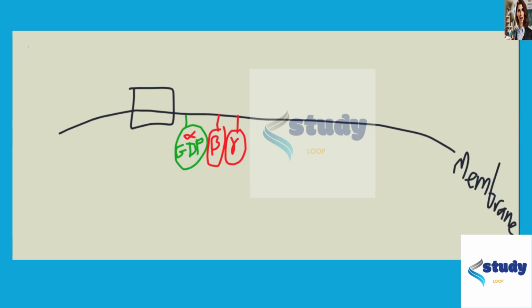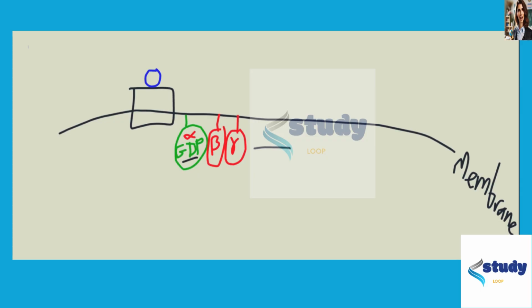And so the first thing that'll happen is a signal molecule of some sort will come in. This signal molecule will then signal for a conversion of this GDP to GTP, right?